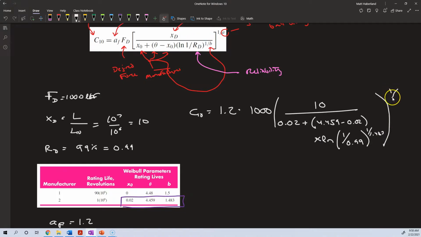And this all goes to the 1/3 power. So let's go ahead and simplify this. This is going to be 4.439. If we write that a little bit more compactly, I think that we can fit all this on the same line.